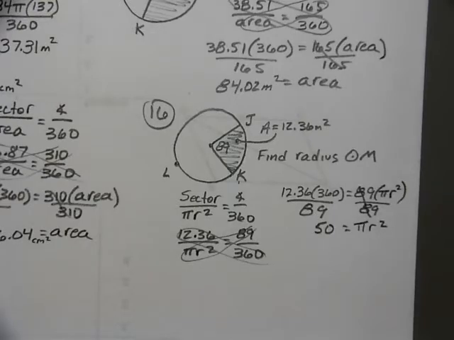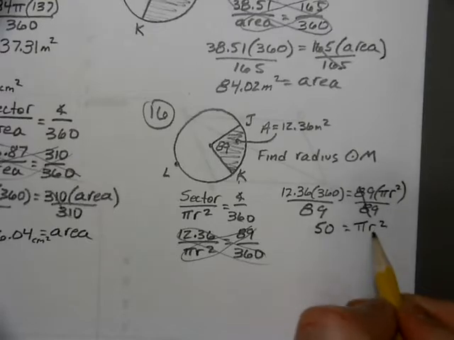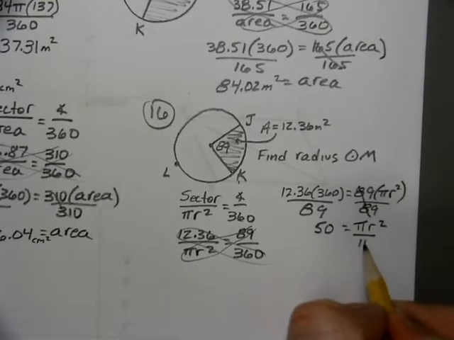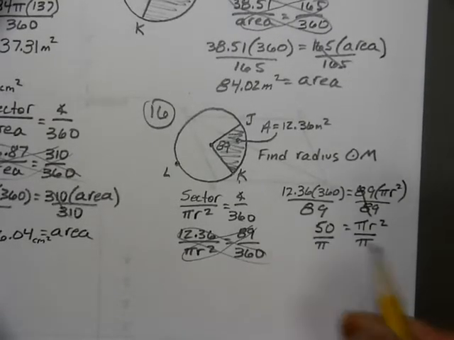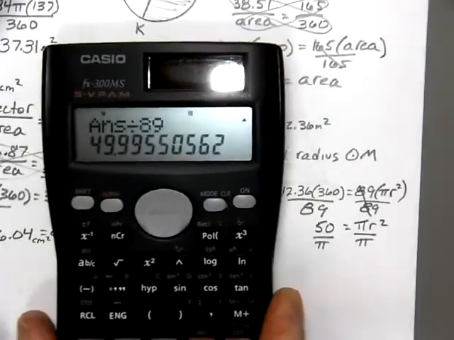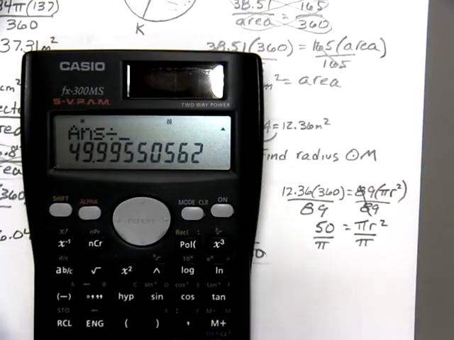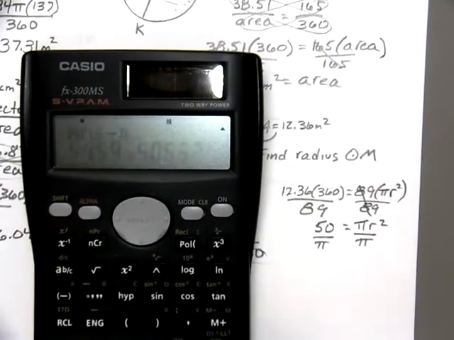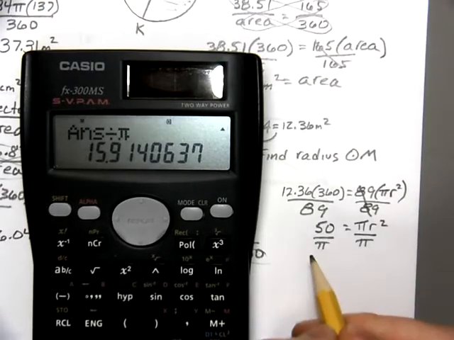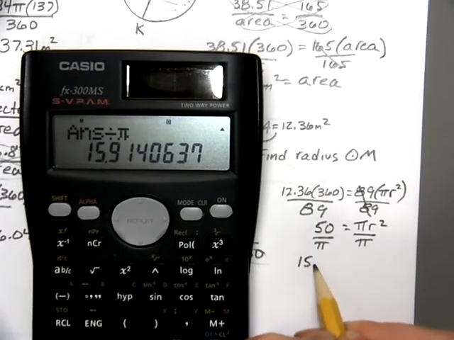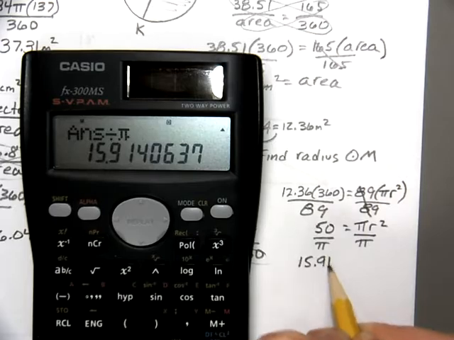So that's the area of the circle. Well, we want to know what the radius is. So we divide by pi to both sides. So divided by pi gives us 15.91.